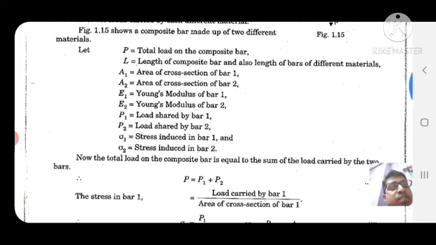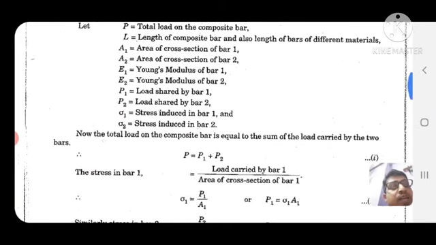Stress induced in bar 1 and stress induced in bar 2. Now, the total load on the composite bar is equal to the sum of the load carried by two bars. P is equal to P1 plus P2.